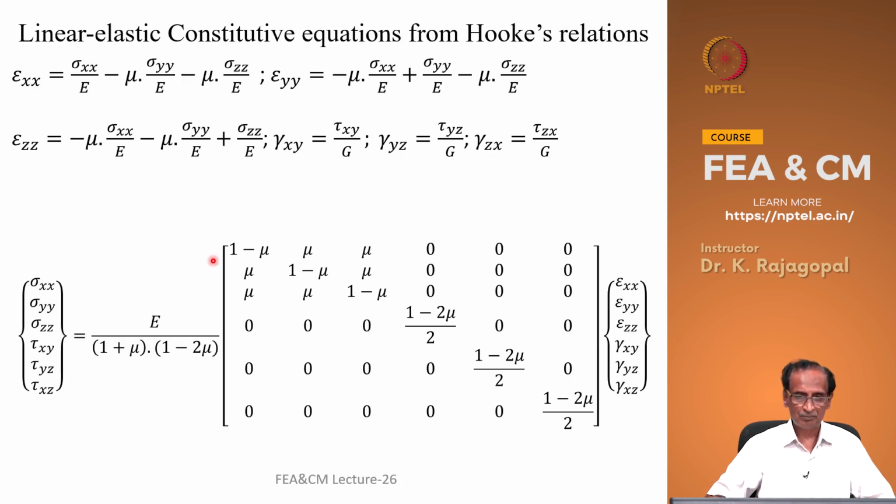And our constitutive equations we have seen in terms of the Young's modulus and Poisson's ratio. We can think of the same constitutive equation in terms of other parameters, the bulk modulus and shear modulus, the bulk modulus and Young's modulus and so on, so that we can actually get more flexibility.